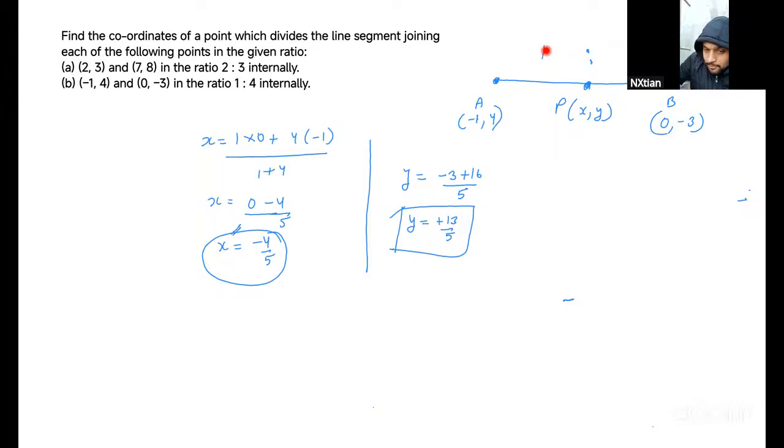If you find the value of x, everything you will take x. So this will cross multiply with this 0, this will multiply with this -4. For finding the value of y, this will multiply with this -3, and 4 will multiply with the 4. Cross multiply. Understood? Do you want to do one more question? Okay, sir.